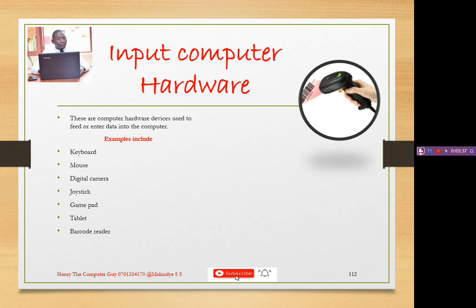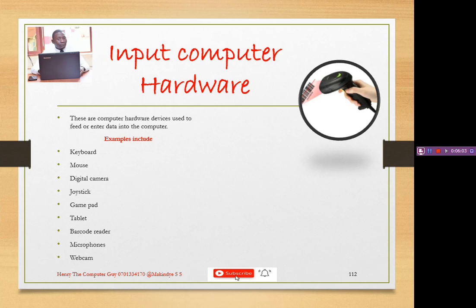We have a barcode reader. For example, it is displayed here. It is used in a supermarket to identify prices of a commodity. Then we have a microphone. You want to enter sound into a computer. Right now I'm using a microphone to enter sound into the presentation software I'm presenting to you, or the lesson I'm making.